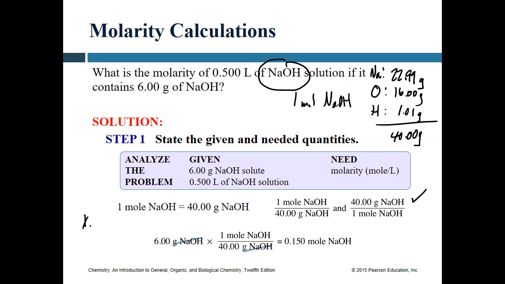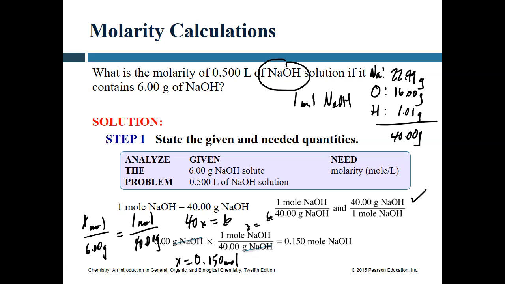If I have X moles over 6 grams and 1 mole is 40 grams, well, cross multiply and divide, I can solve for X. I'm going to get the same value. 40x is equal to 6. X is equal to 6 over 40, which is 0.150.